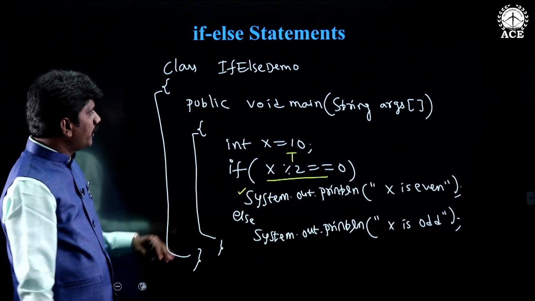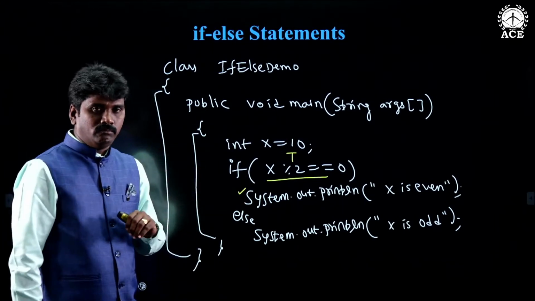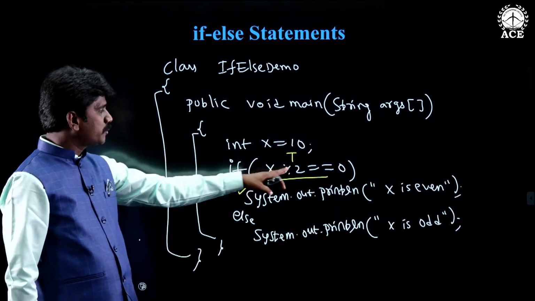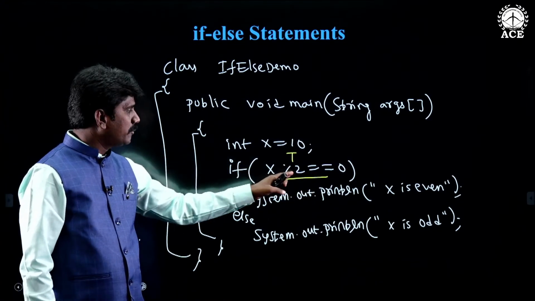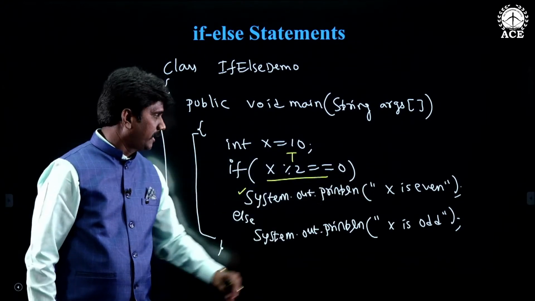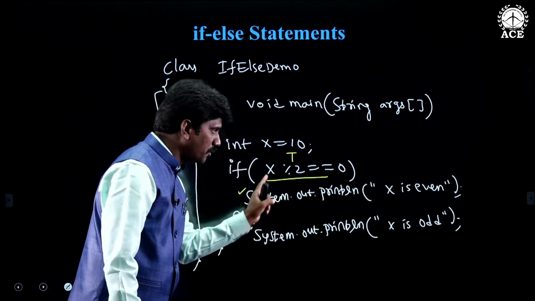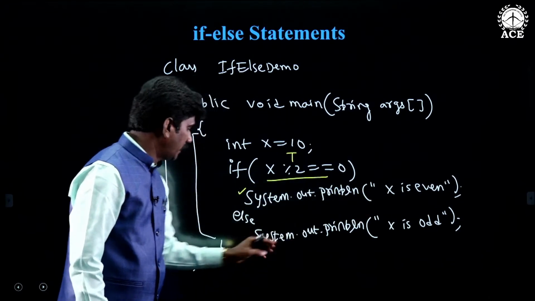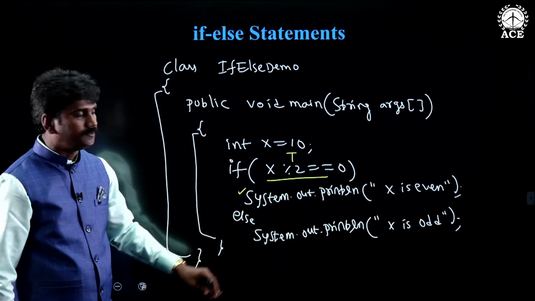So if we execute this program, what should be the output? x mod 2 is equal to 0, yes, 10 mod 2 is equal to 0, so x is even will be printed. The condition is true, so x is even is printed and the else part is skipped.